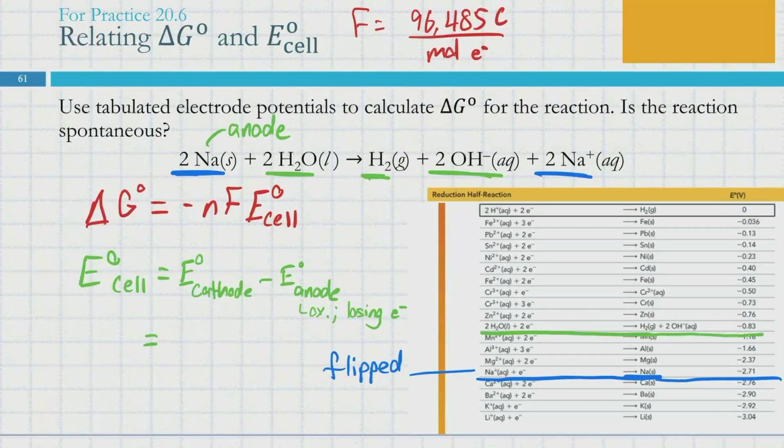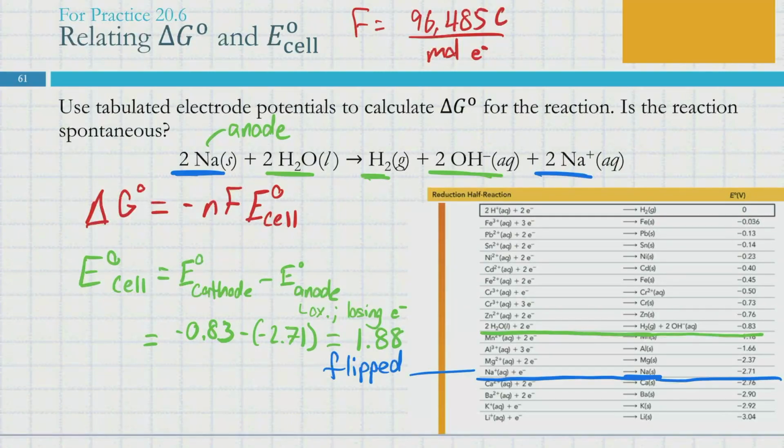We can do negative 0.83, the H2O is going to be our cathode, minus negative 2.71. So that's going to be the same as 2.71 minus 0.83. We get a value of 1.88.